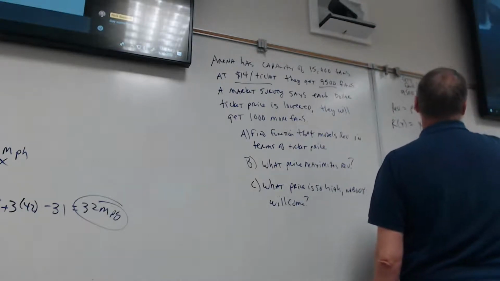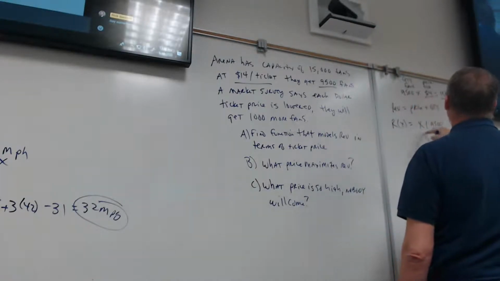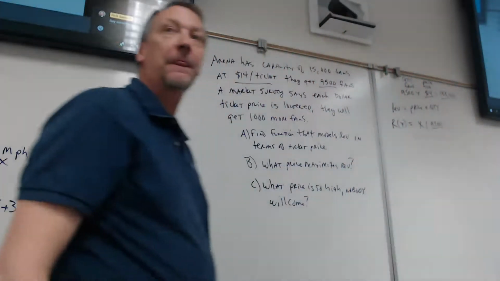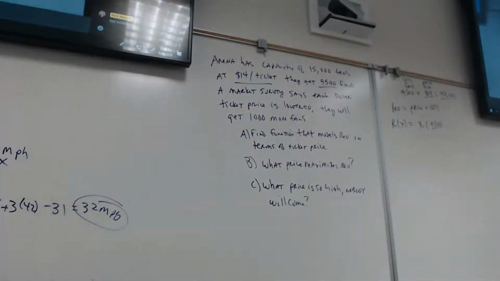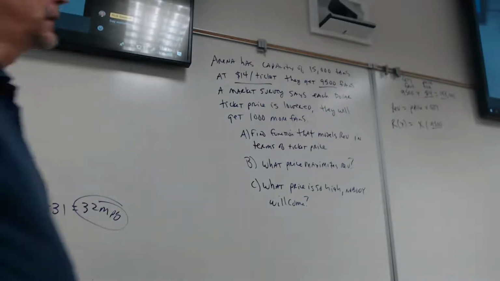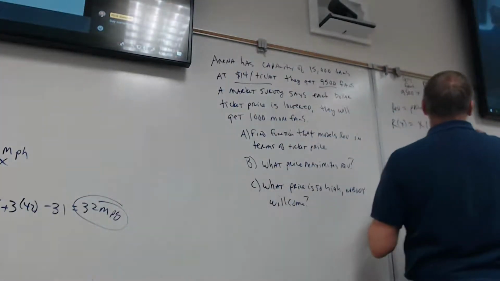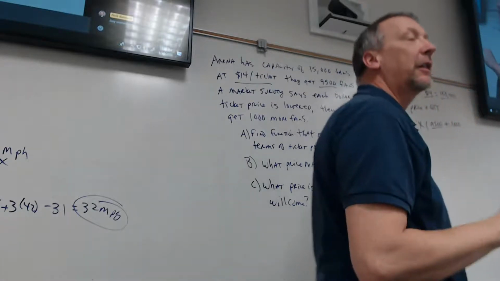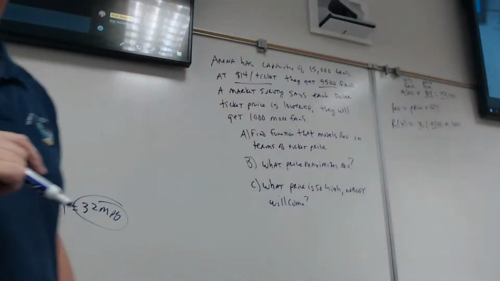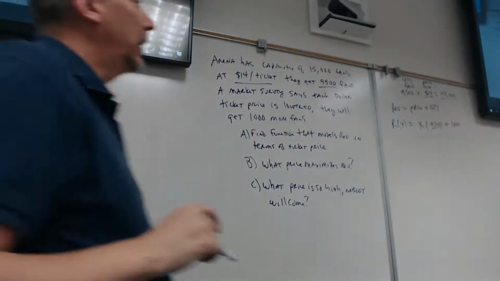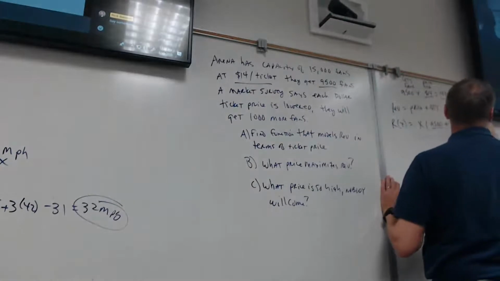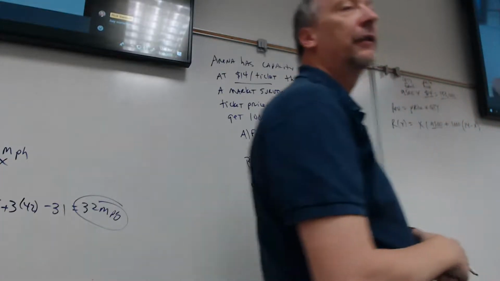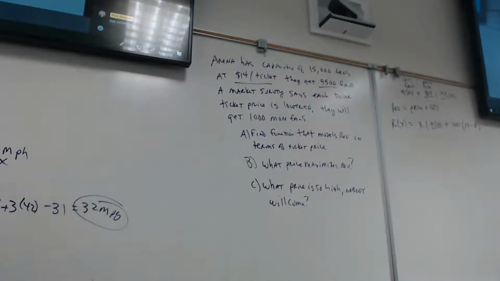So our quantity is 9,500 if this is at $14, right? But we know that we're going to increase. 1,000 people are going to come for every dollar we take off the price. Does that make sense?